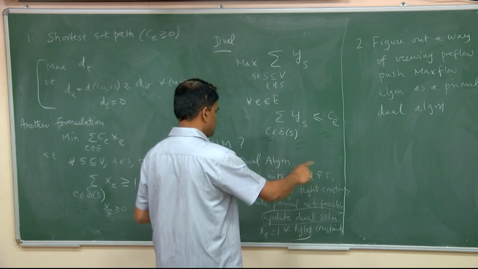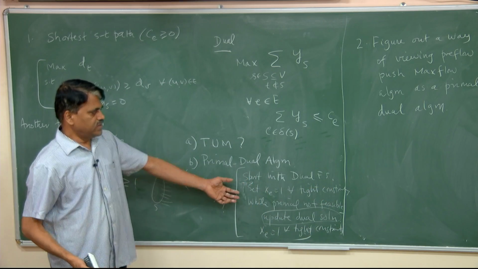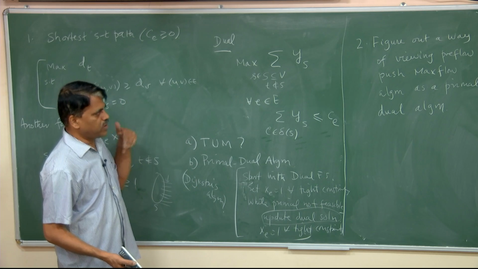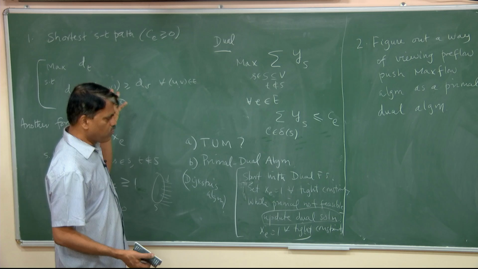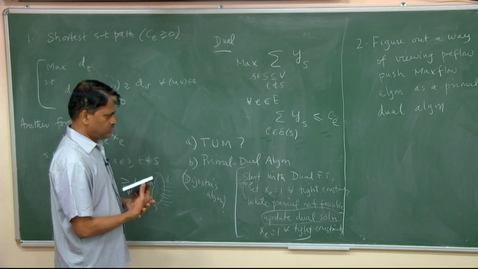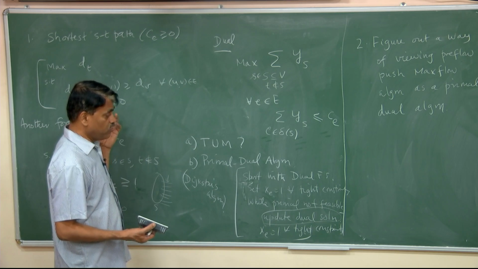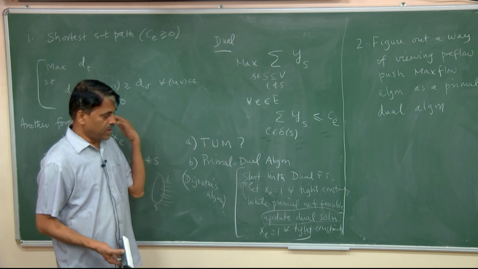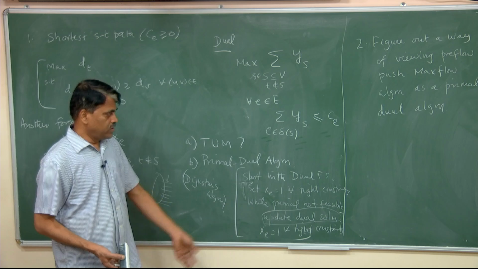That's it. Start with the dual solution. Take the tight things. They are the ones where I'm going to push my capacity flow onto. And if it's actually a flow, then I'm done. Otherwise, I'm going to update my dual solution.